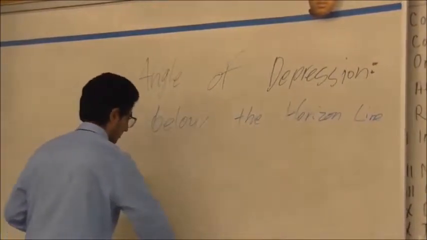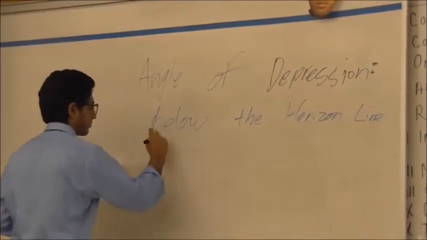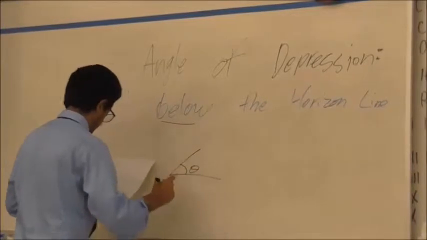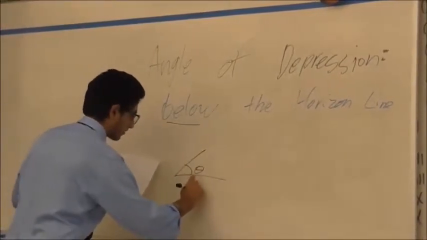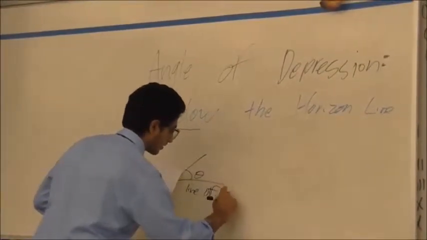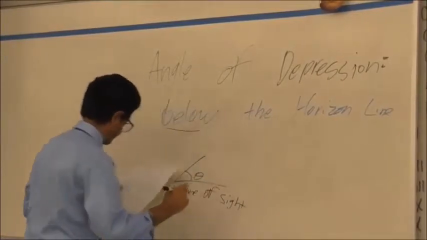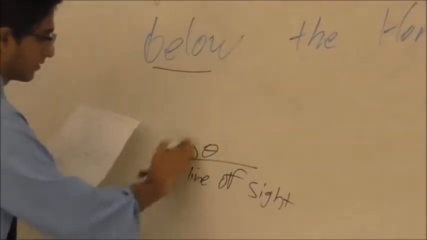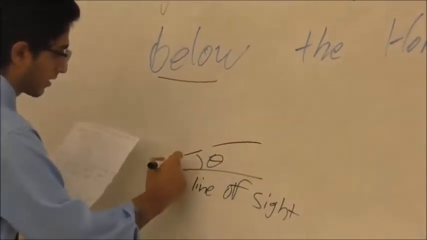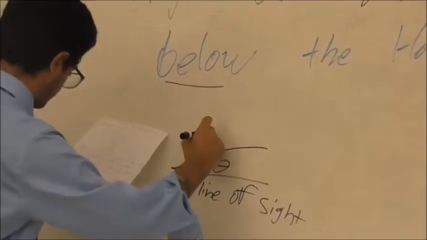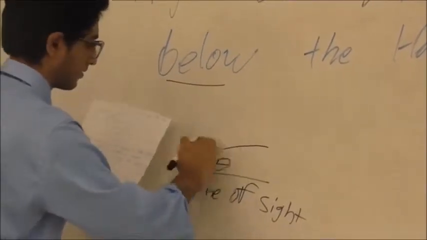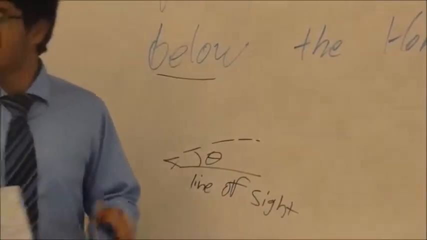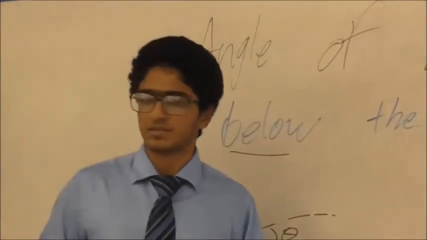So for example, it's below. Just to remember, if this was our angle, we would have our line of sight over here, and then we would have our angle like this. Class, I hope you all understand this.